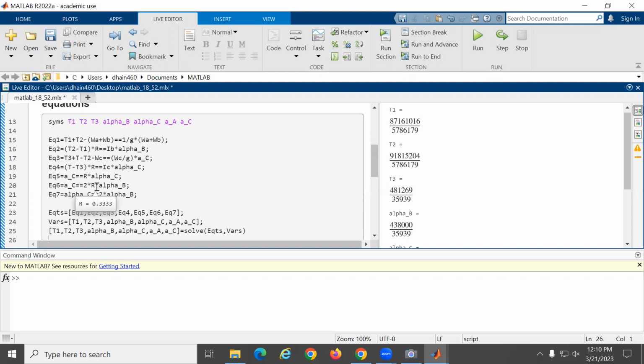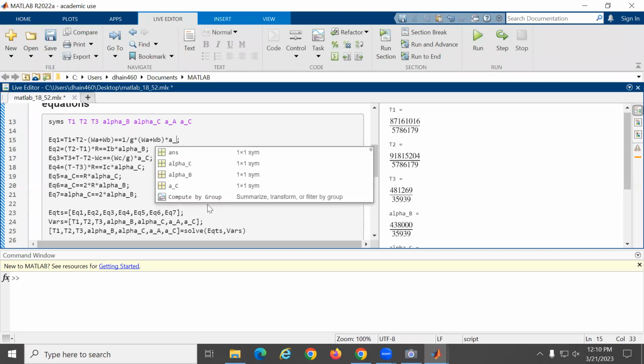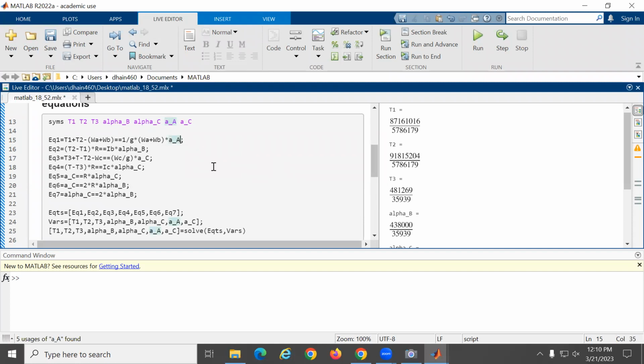Alpha A is not, because we changed alpha A to alpha B, no? Well, no. The acceleration rate is not in. Oh, because we didn't put it here on the first equation, see? Times A, thank you. Oh, A, we forgot that one, no? Yeah. You see, that way we can check our work.